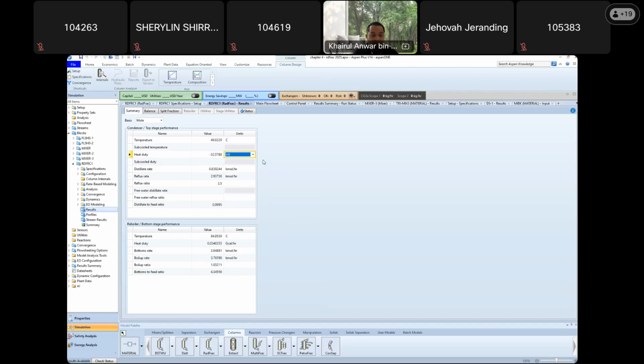Negative 32, almost negative 33. Of course, the negative sign indicates that heat will be taken off the condenser.